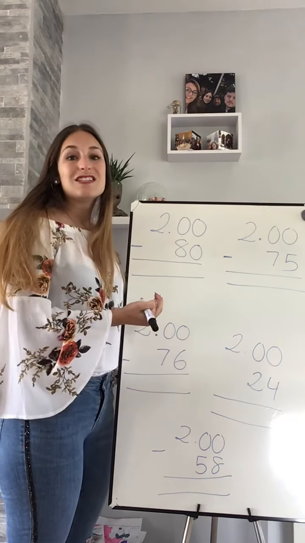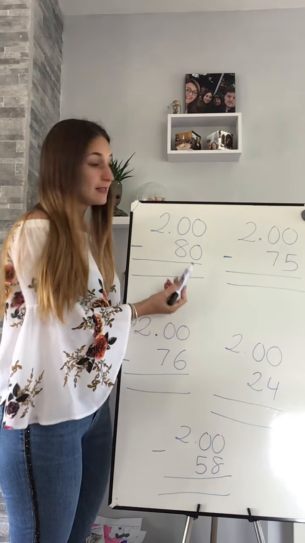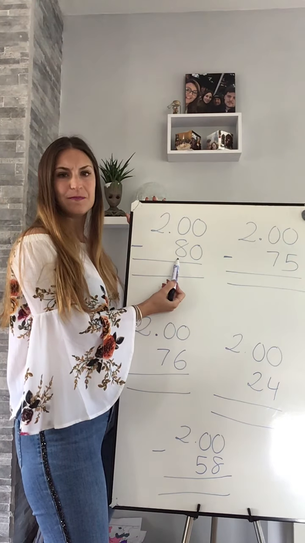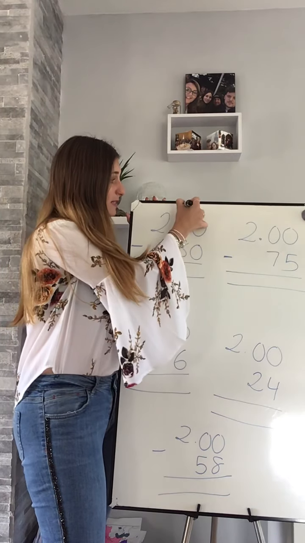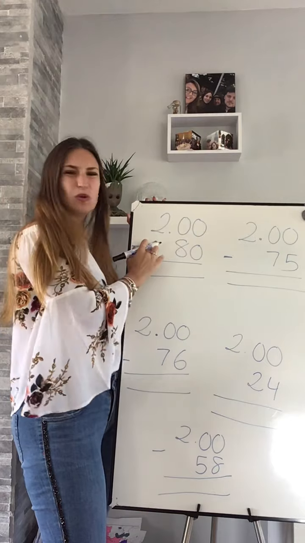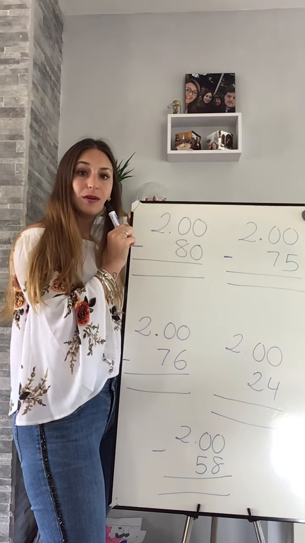Right, so we have £2 take away 80 pence. Why did I put my 8 in there? Because it's 80, it's in my tens column, isn't it? Why is my 2, if it's £2, not in my ones column?